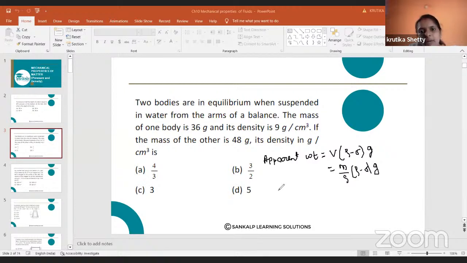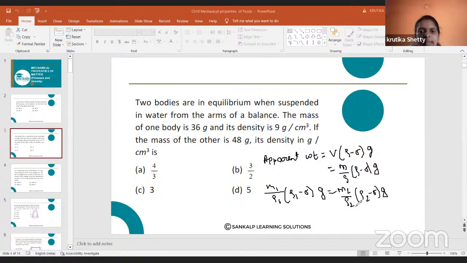Equilibrium means what can we do? There is an equation for both, and we can equate them. So I'll take the formula as m1 upon rho 1 into bracket rho 1 minus sigma into G is equal to m2 upon rho 2 into bracket rho 2 minus sigma into G. So G, acceleration due to gravity, is the same on both sides, so you can cancel that.